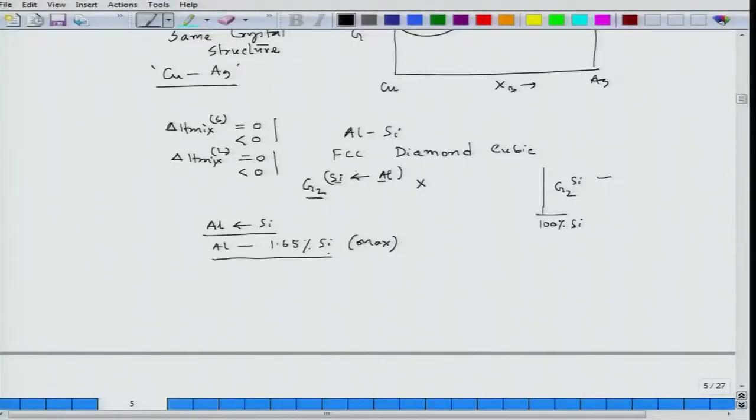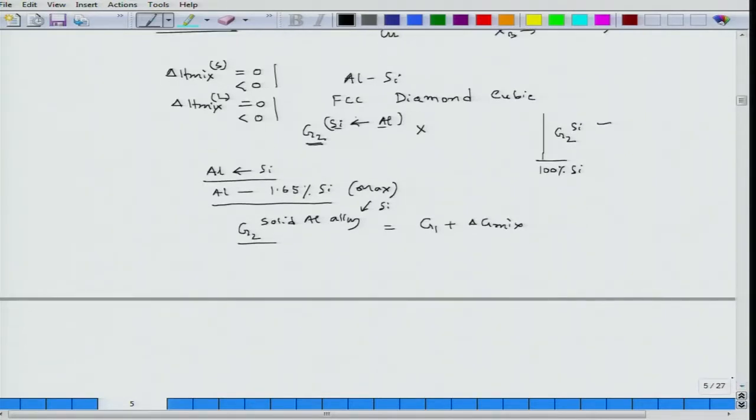So, the solid solution is a limited solid solution. In that case I cannot extend this aluminum G2 line, that means G2 of the solid aluminum alloy, where silicon would be the solute, would again be G1 plus ΔHmix. The extent of the G2 line would be very short.